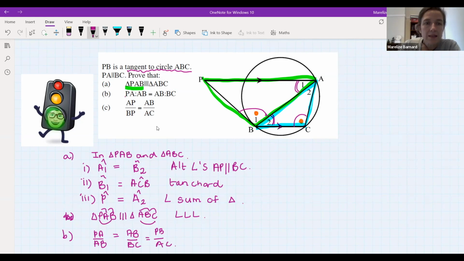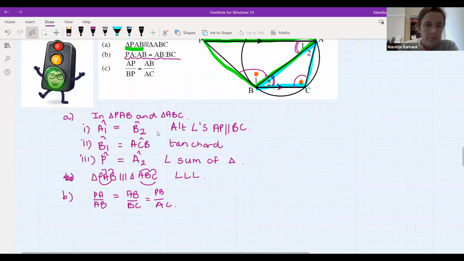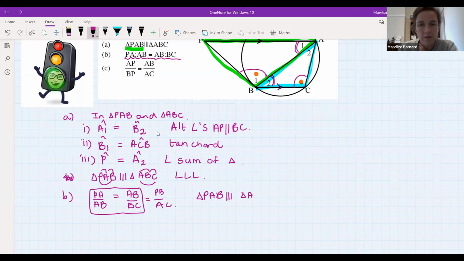Okay, so we can see that this question here, question B, PA to AB is AB to BC. So that's going to be this combination here. Let's just write our reason as well: triangle PAB similar to triangle ABC.